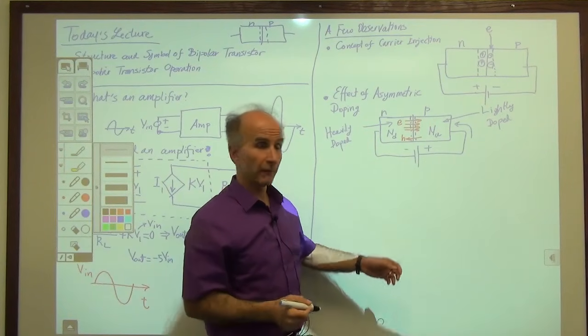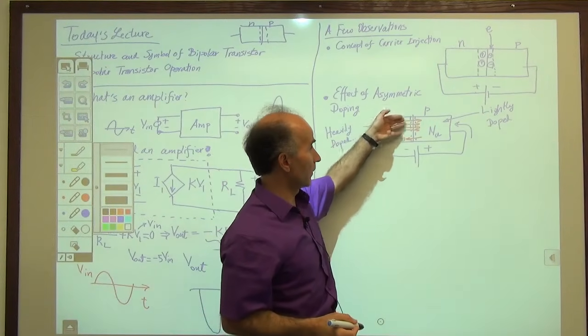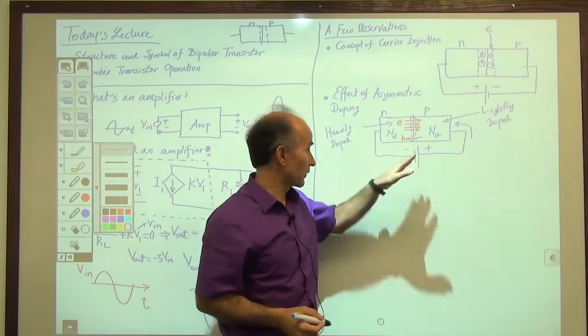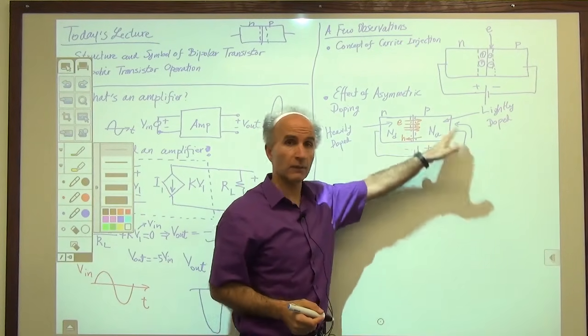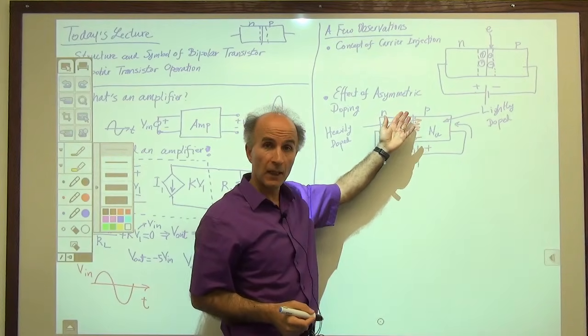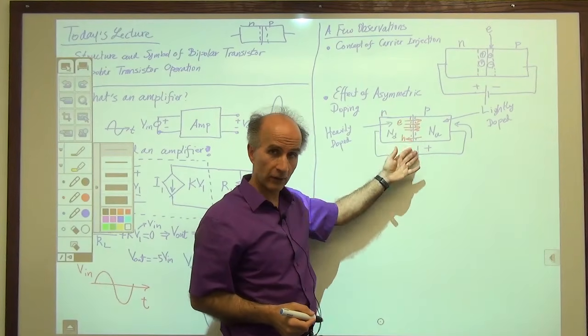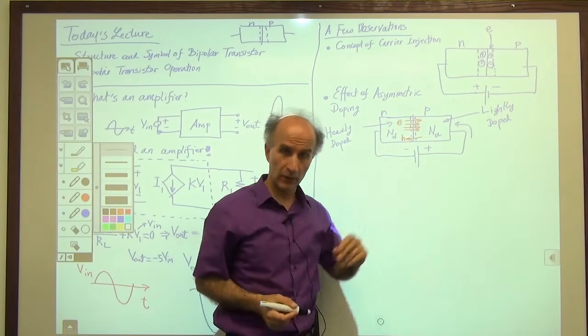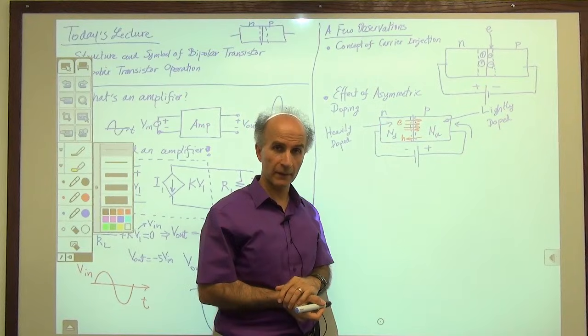For example, for every 100 electrons that go this way, only one hole goes this way. The junction is still forward biased and the current is flowing, everyone is happy, but there's a significant difference between the current of electrons and the current of holes. So we need to remember that when we go to the bipolar transistor and study it.